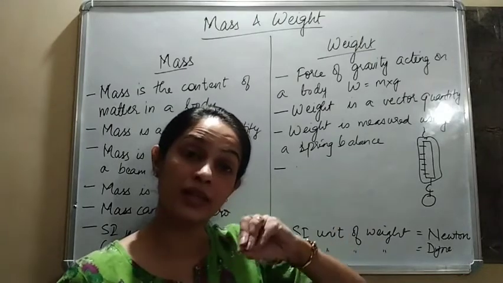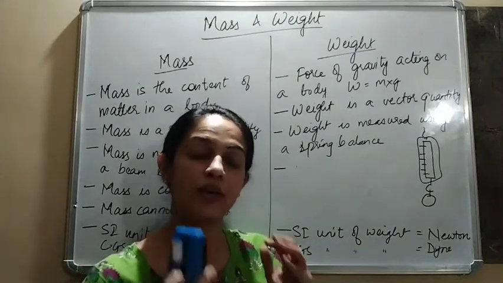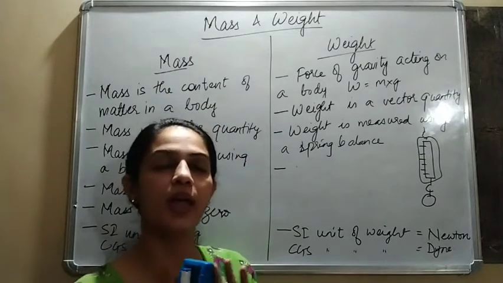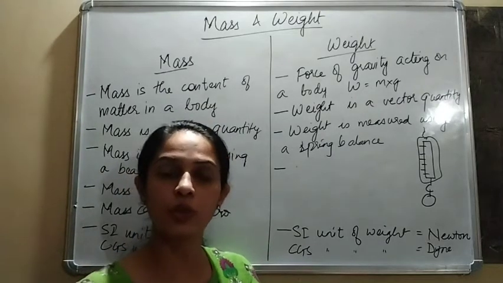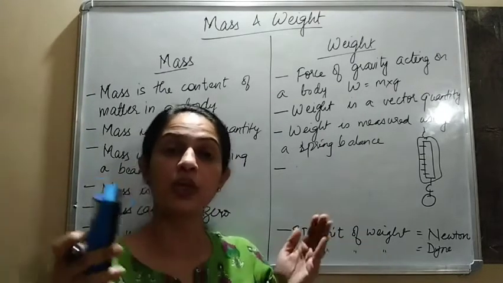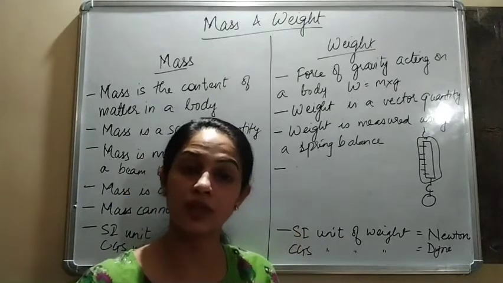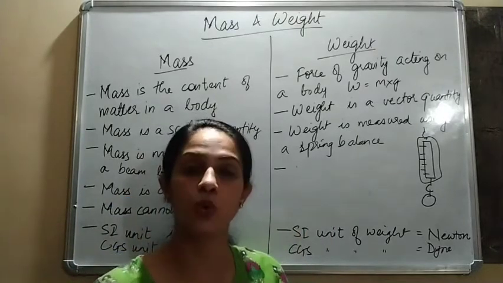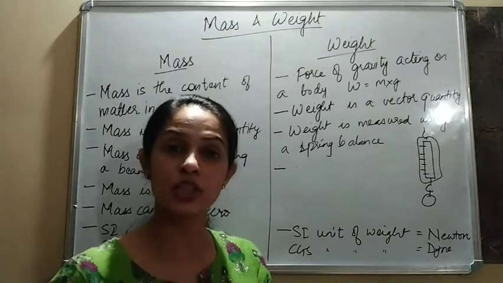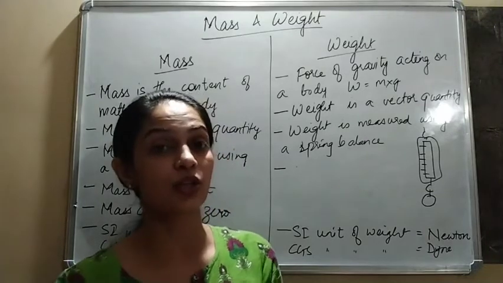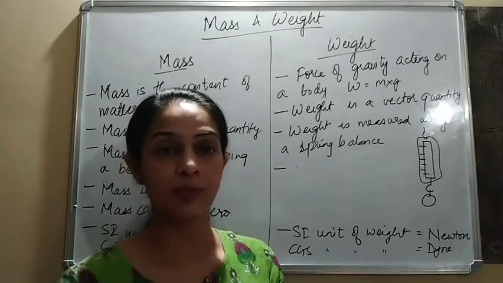When you go to the center of the earth, however huge the body might be, when you keep that body at the center of the earth, its weight will be zero, because acceleration due to gravity at the center of the earth is zero. Please remember this.